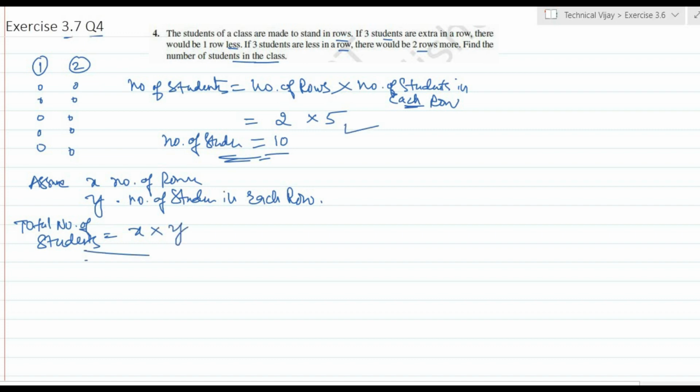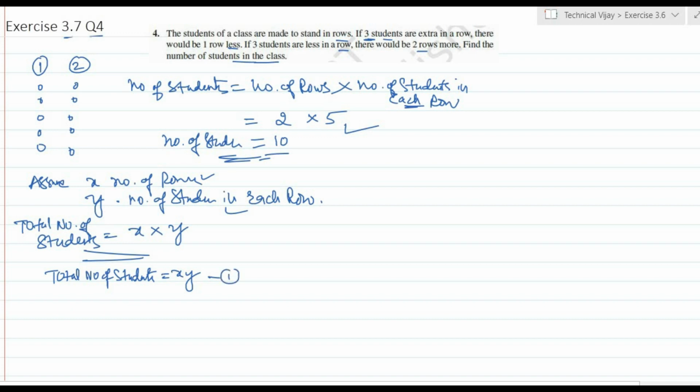So this is xy. This assumption we will make and we will analyze the situation. So the total number of students is equal to xy. Okay, this is one equation.